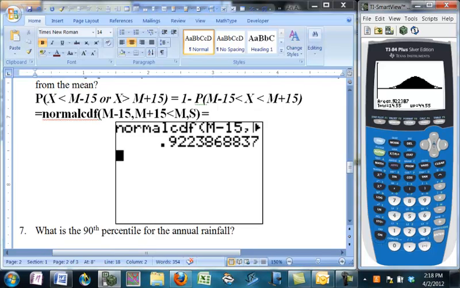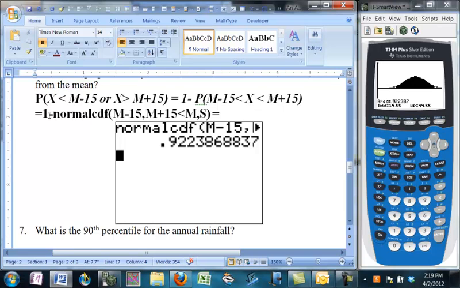Now, that's the part that's shaded there. That's what it's not. What we want is the outer parts shaded. So what we need is 1 minus that. So I need 1 minus that answer.